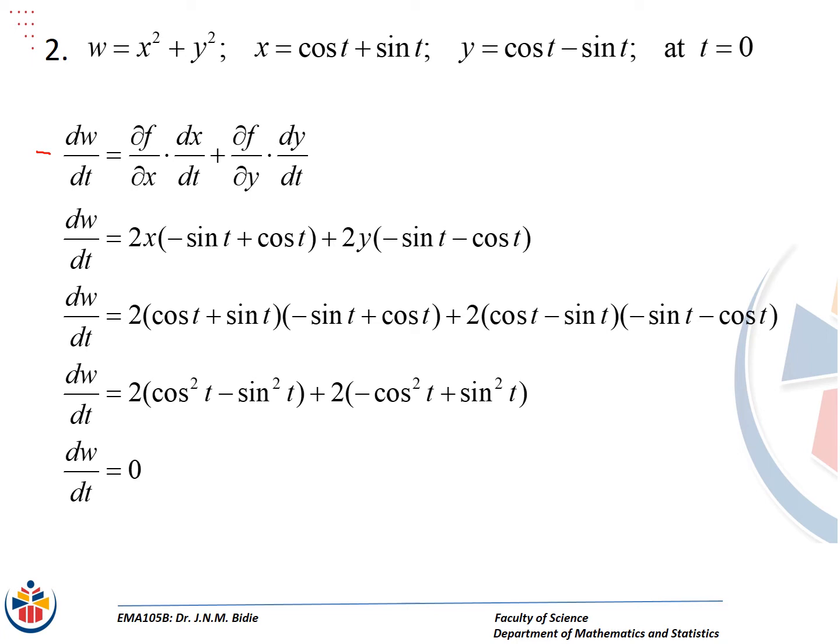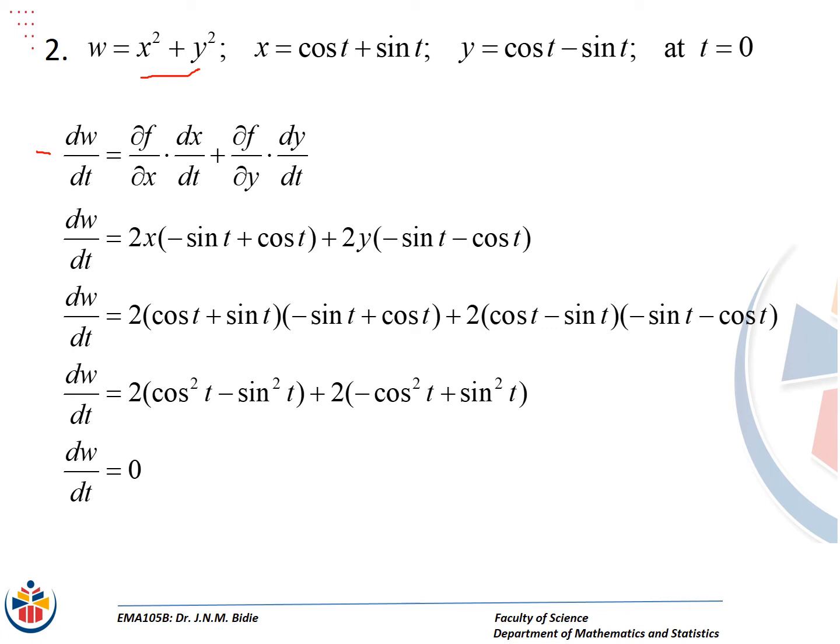Now df over dx, we go back. Our f is x squared plus y squared. Y is a constant when we differentiate with respect to x, so that means we'll only have 2x there, multiplied by the derivative of x with respect to t. The derivative of cos is negative sine, and the derivative of sine t is cos t.